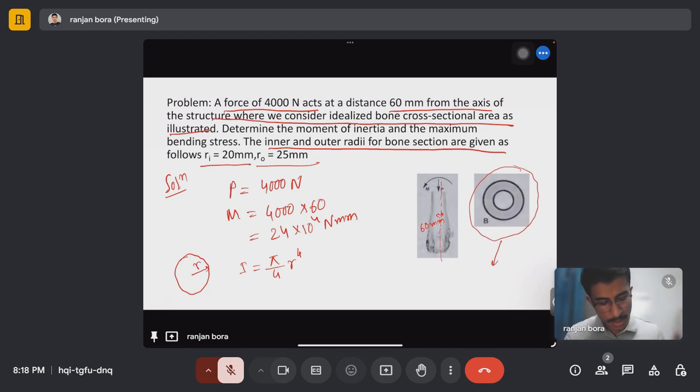For this section, we have two sections here, one is small r and one is capital R. So what will be the combined moment of inertia?